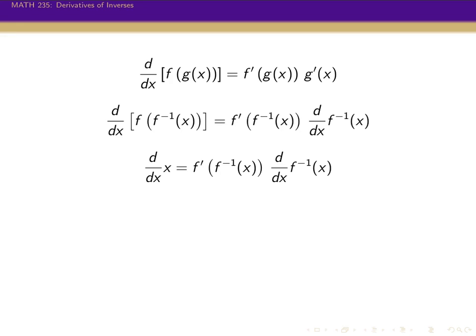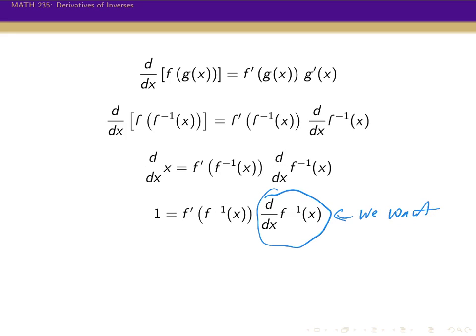On the right-hand side we're using the chain rule to figure out what this is. And the nice thing about the derivative of x is that it's just 1. And so we have 1 is equal to the derivative of the function with its inverse plugged in times the derivative of the inverse. And again, this is what we want.